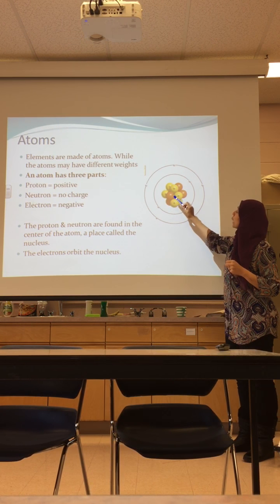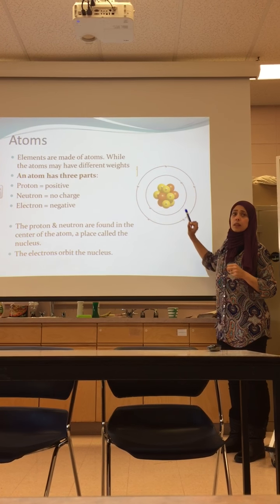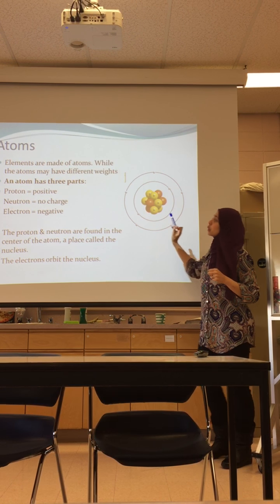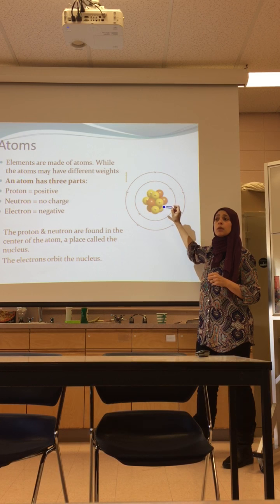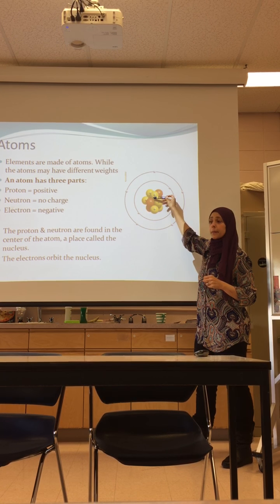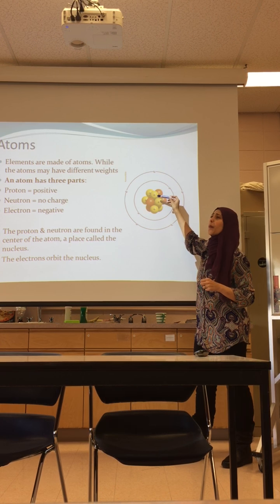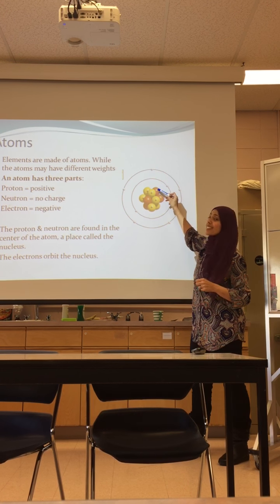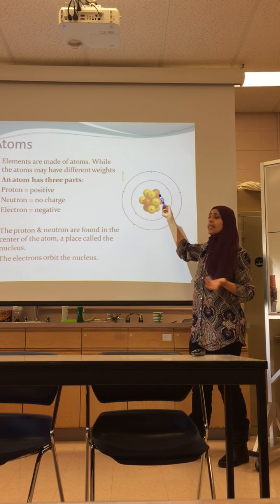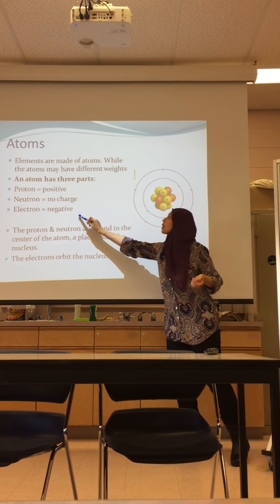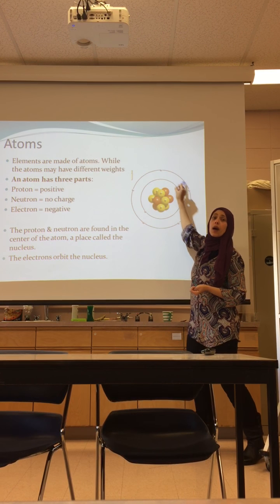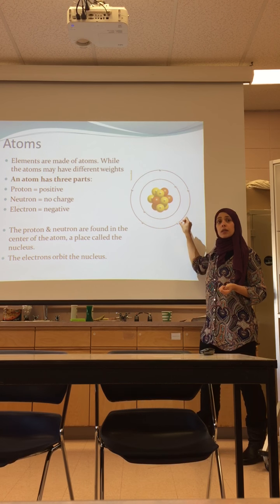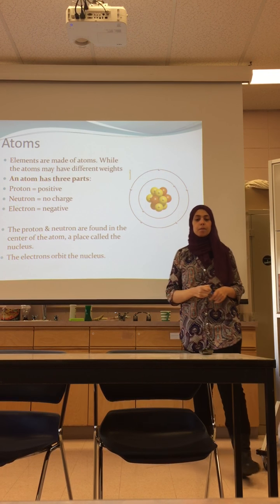Protons. And what do we call the neutral? Neutrons. So in the center of the atom, we are having protons and neutrons. What is left? Electrons. These electrons will be revolving around in certain shells. Make sense? Okay.